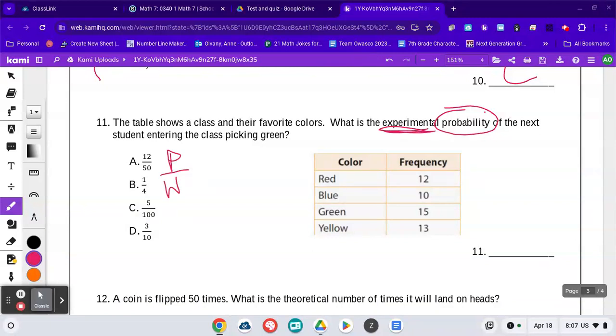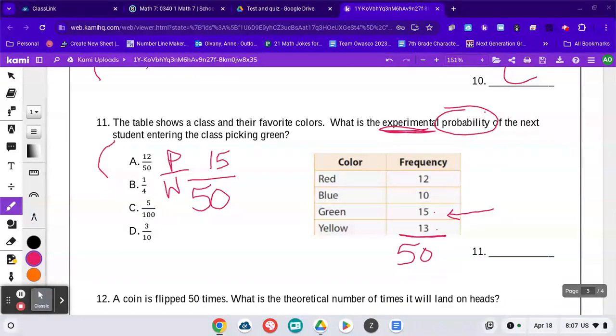They want us to take it from the experiment, so we need the probability of picking green, which is 15 out of the whole, all of the kids in this class. So we actually have to add this up. I did 10, 20, 30, 40, and 5 is 45, and 5 more is 50. However you add that up, it should come out to 50.